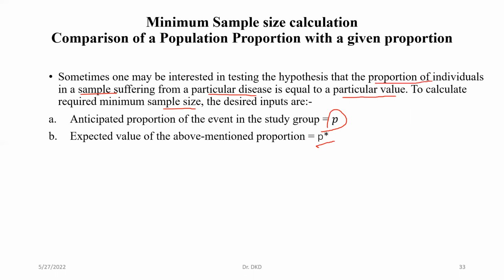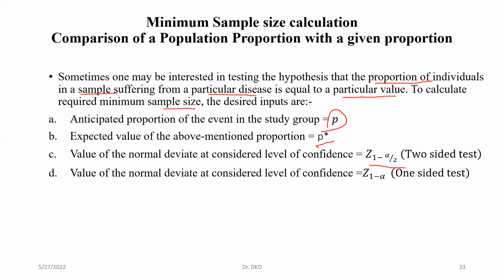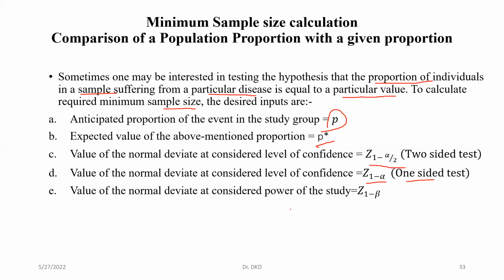Then the value of the normal deviate at the considered level of confidence for a two-sided test, Z1 minus alpha by 2, and for a one-sided test, Z1 minus alpha, and the value of the normal deviate at the considered power of the test, Z1 minus beta.